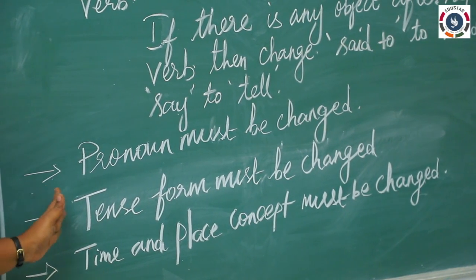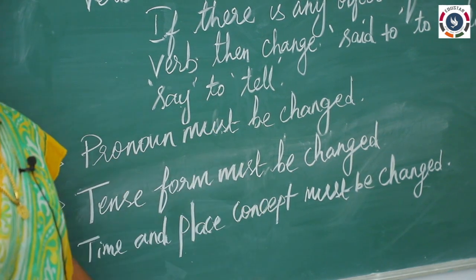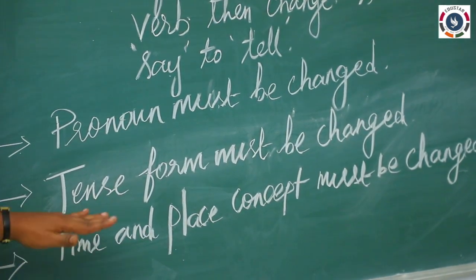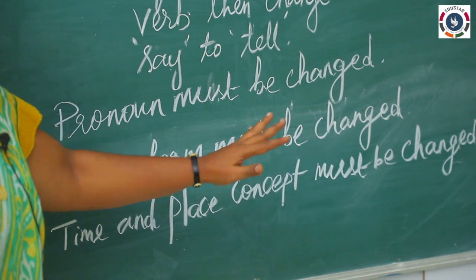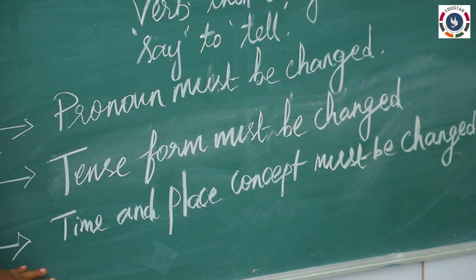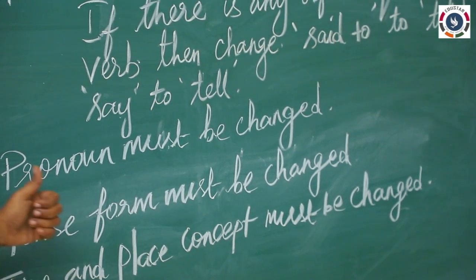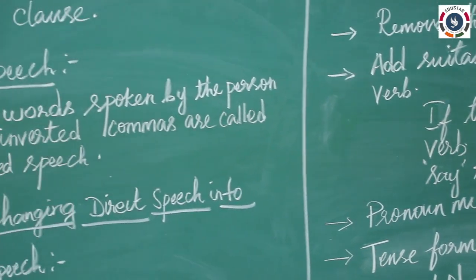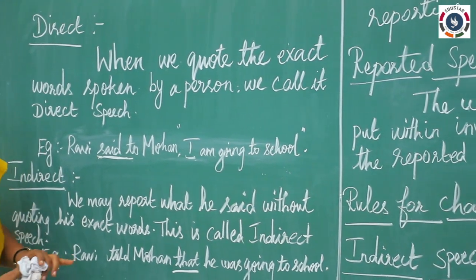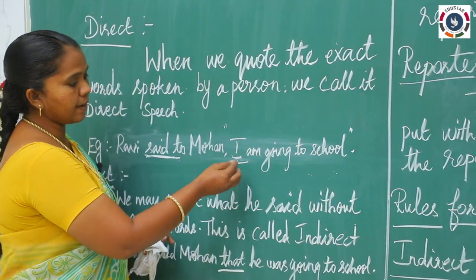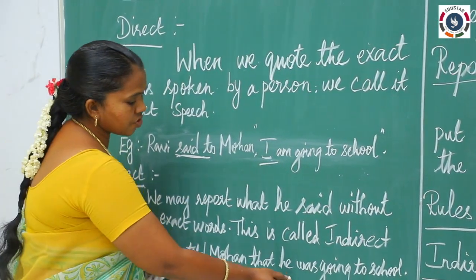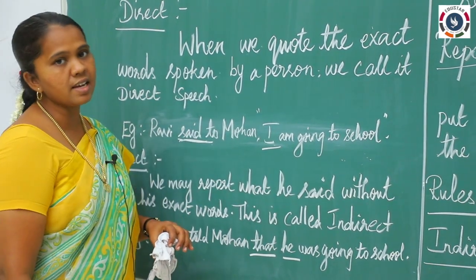And the fifth point is pronoun must be changed. Sixth point is tense form must be changed. And the seventh point is time and place concept must be changed. So let us see the example here. Pronoun must be changed. Here I, how it is changed here as he.